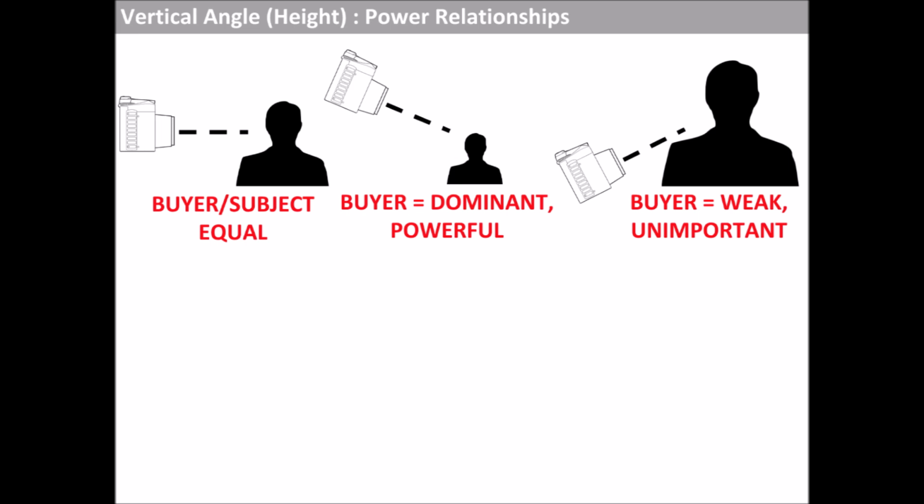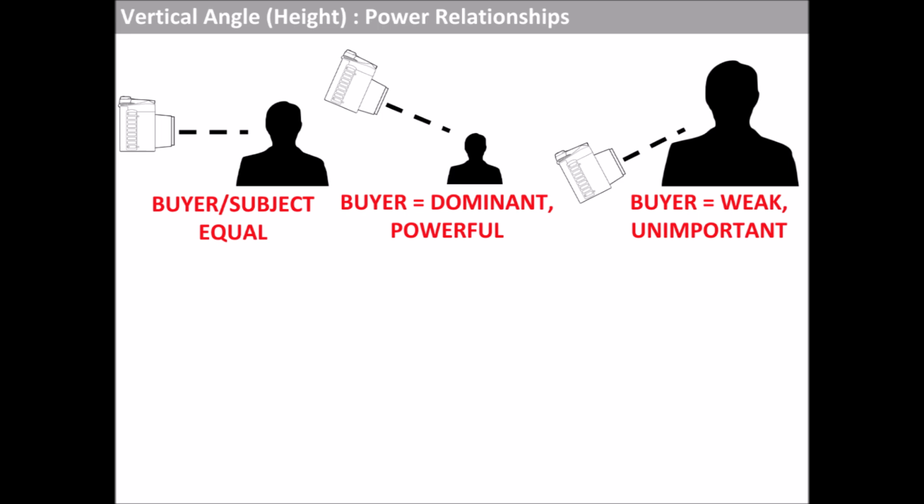A level angle tends to imply neutral equality without a power difference, and encourages the viewer to relate to the subject, or personify an object if it's not human. A high angle perspective can reduce the size of the subject and make them appear weak, needing protection, inferior, unimportant, or even submissive.